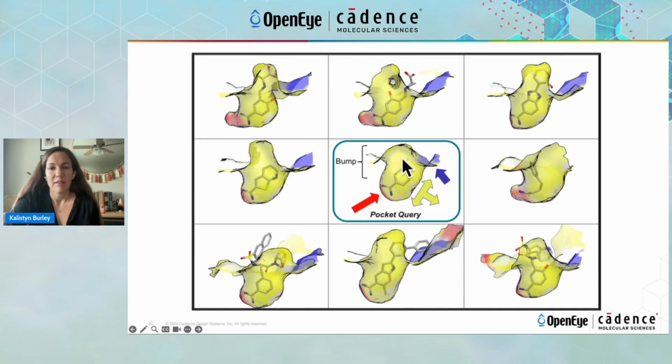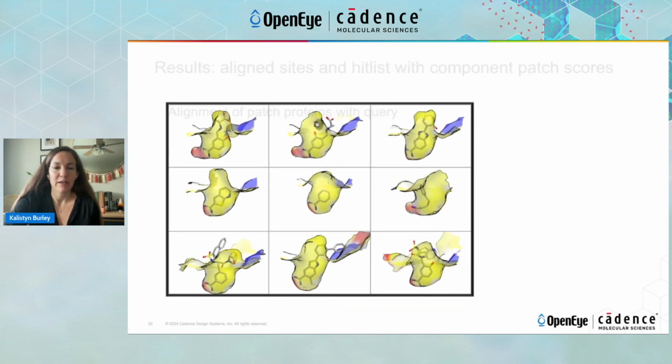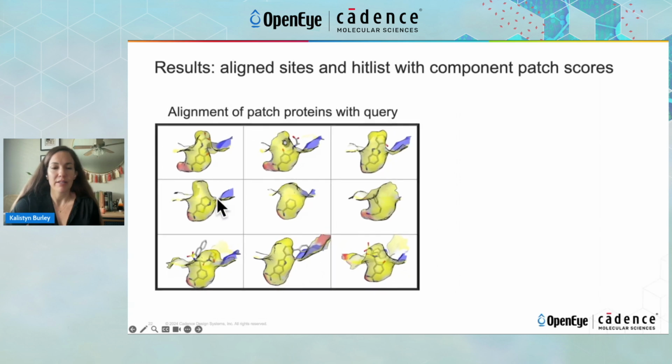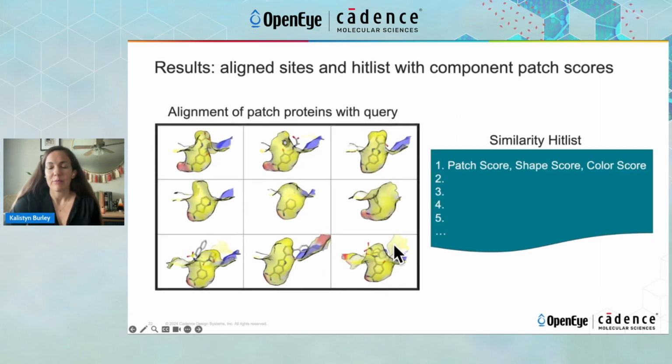You'll see many of the color features and the shape features are retained, including that little bump. When we run a SiteHopper search, we end up with the alignments of all of our pockets with each other. In addition, we end up with the similarity hit list, where the pockets are ranked according to that patch score, that combination of shape and color. In addition to the composite score, you also get the component patch scores for each hit.